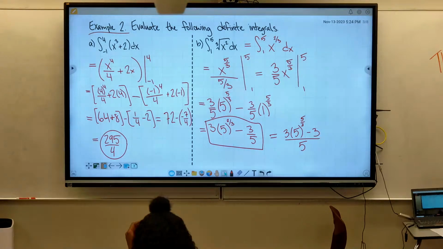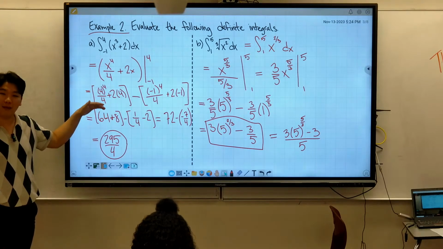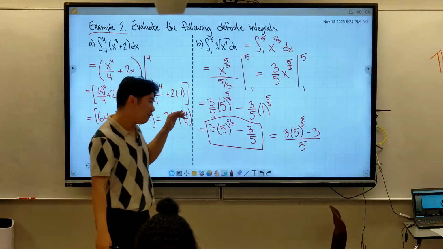I will say that the one thing people often mess up here is not actually getting the antiderivative. People do mess that up sometimes, but it's more often the calculations. They'll get to this point and forget a negative or a positive, or say something like 4 squared is 8. So we have to be careful with our calculations.